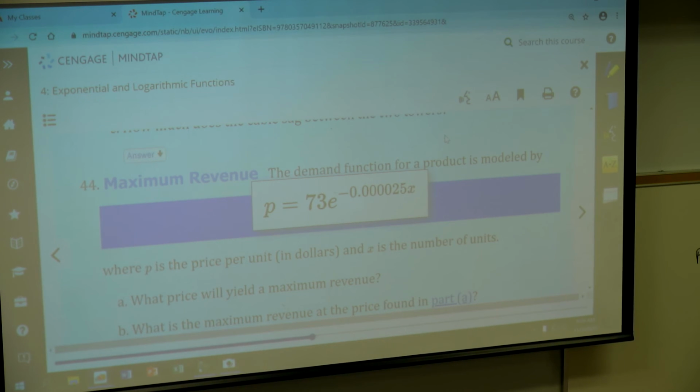Let's go ahead and multiply 73 with negative 0.000025, which gives negative 0.0018.